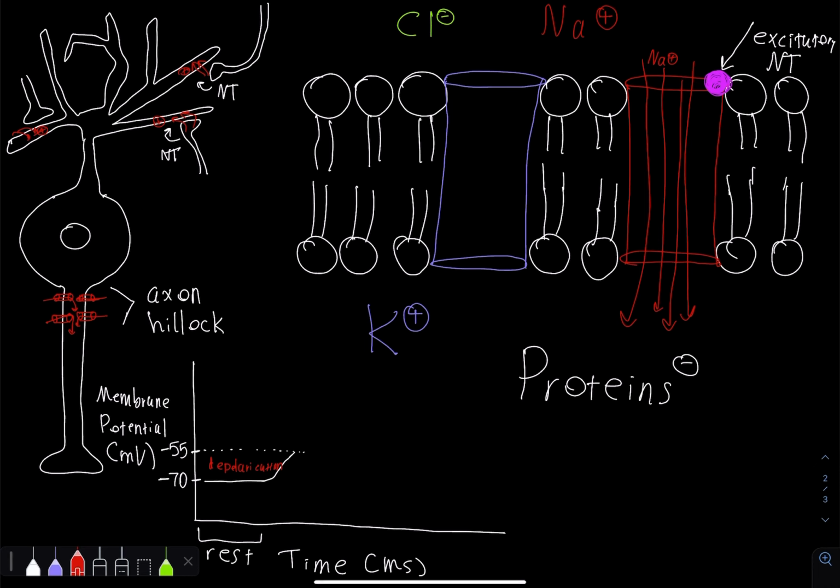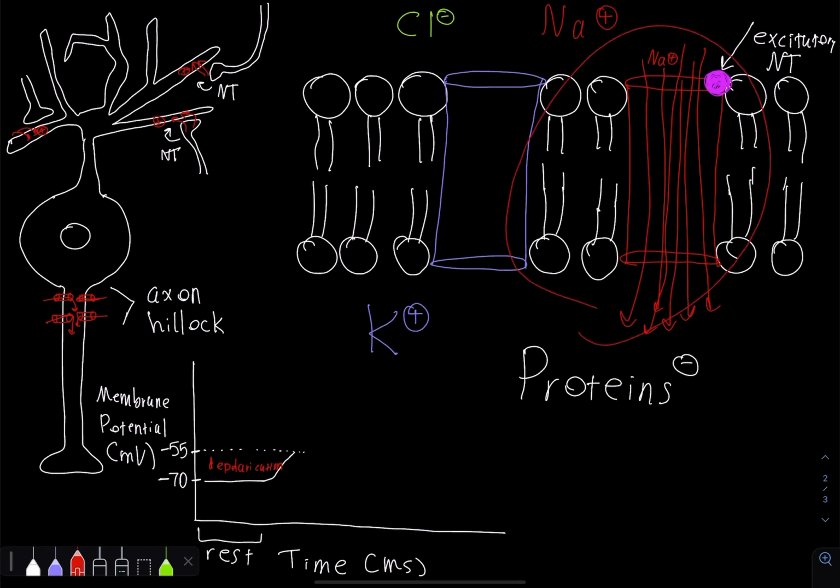Once we've hit threshold and those open, we're going to start the action potential. These voltage-gated sodium channels are going to cause a lot of other sodium channels to open. So we're going to get a lot of sodium into the cell, even more than before, a lot more, through the same channels here, but more so over here.